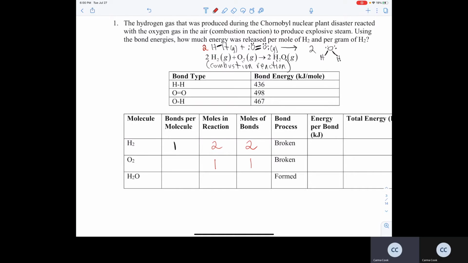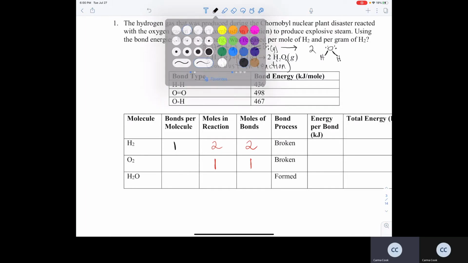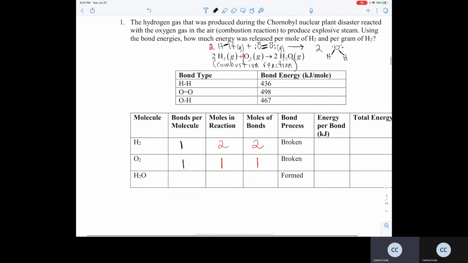If there's not a number in front, it's understood to be 1. So we only have 1 mole of O2 in the reaction, and therefore 1 mole of bonds, and there's only 1 OO double bond in the O2 molecule.